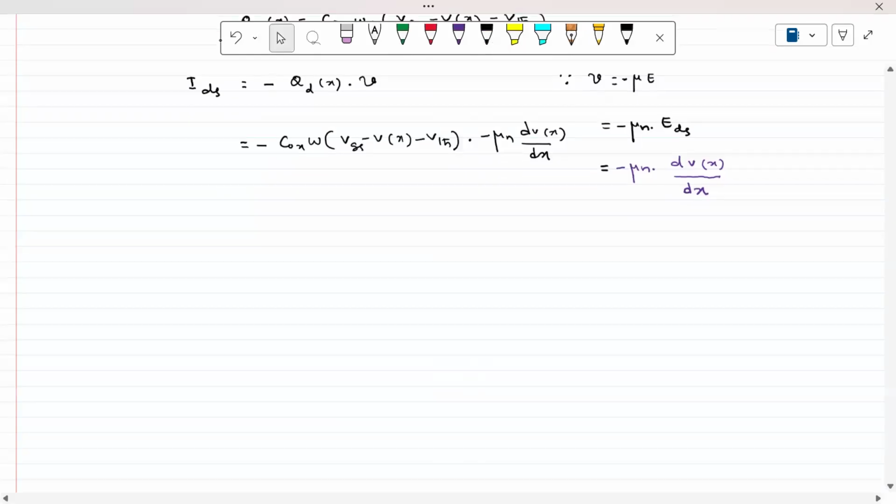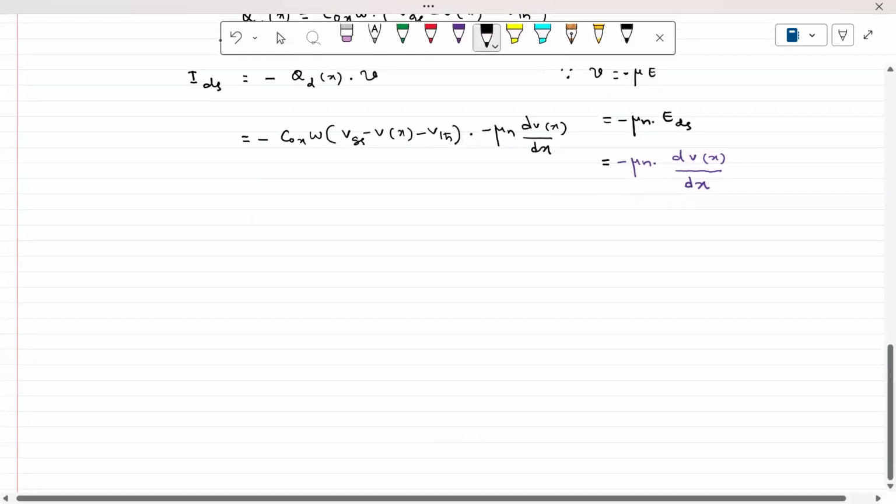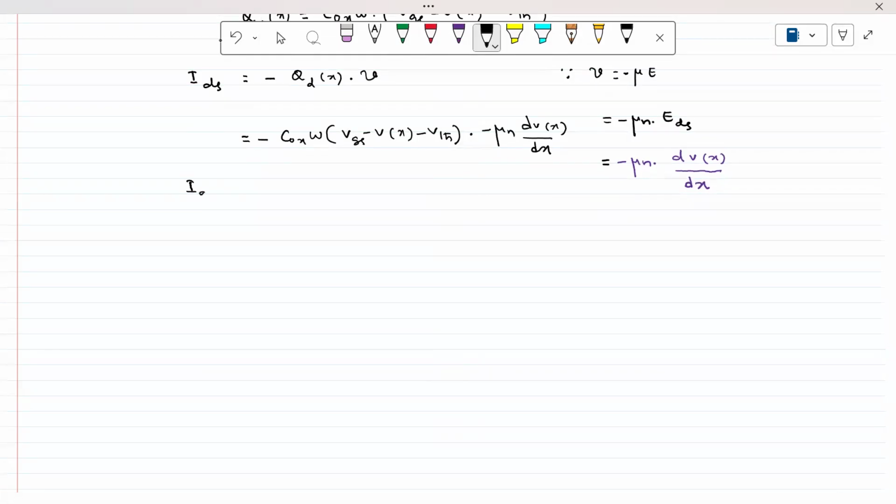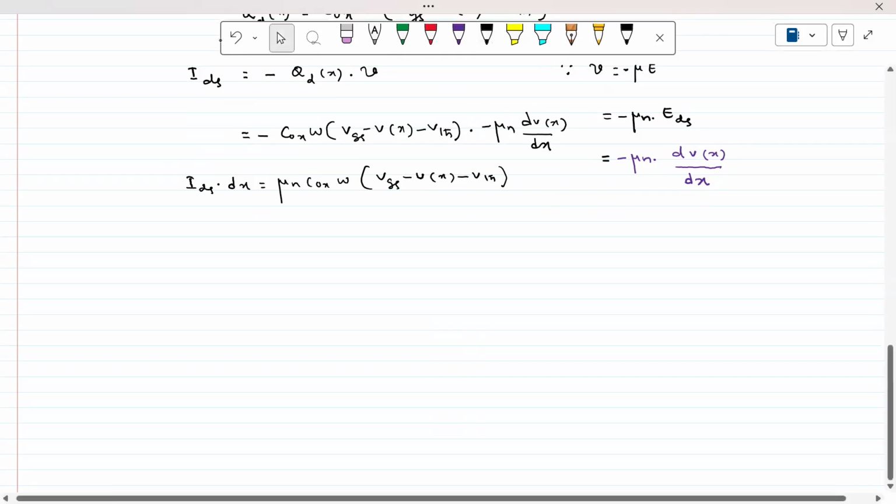Now if you do some mathematics, minus minus will give plus. Therefore, you keep IDS into dx here, and this is mu n Cox into W into VGS minus V of X minus VTH, right? Agreed?